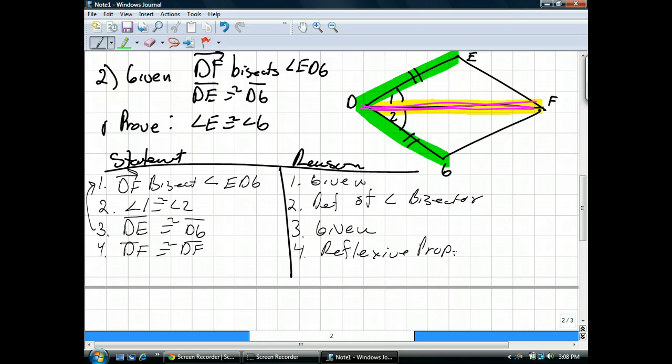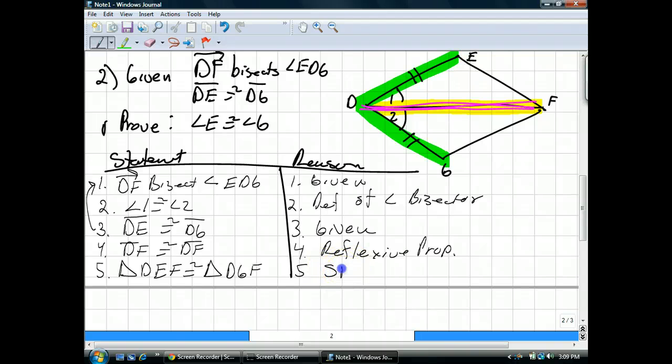Then we said, okay, now we have two sides and the included angle. So therefore, the triangles have to be congruent. So triangle DEF has to be congruent to triangle DGF. Be careful how you name the triangles, because remember you have to name corresponding parts in order.